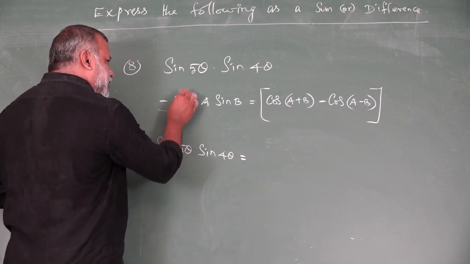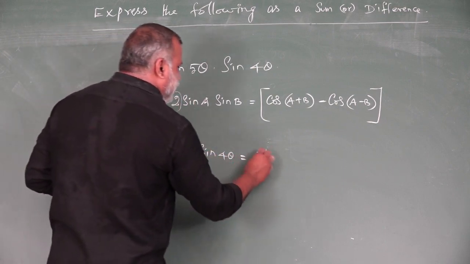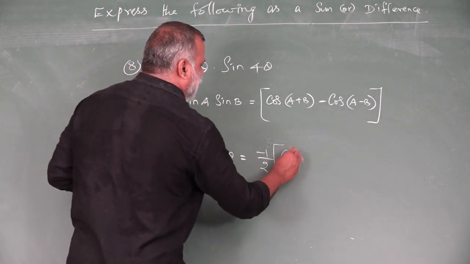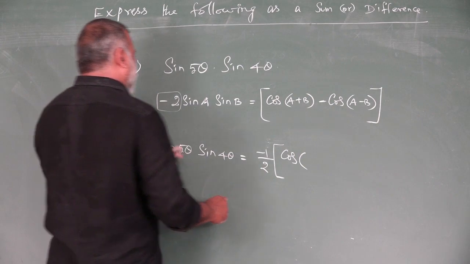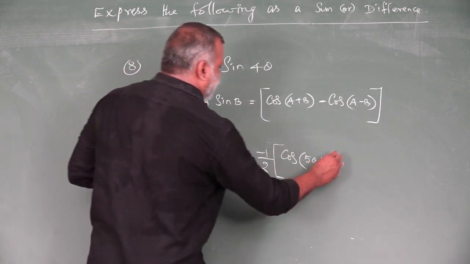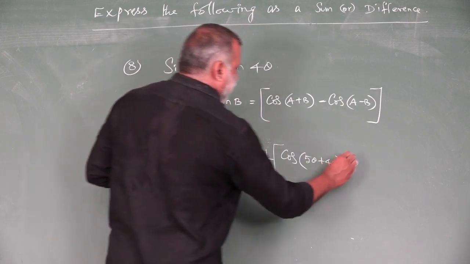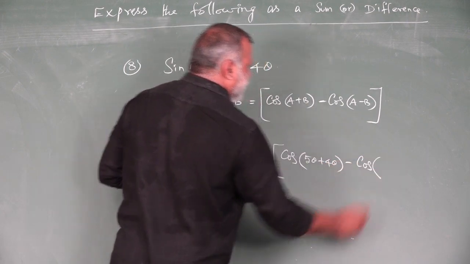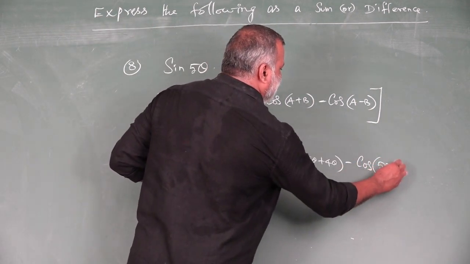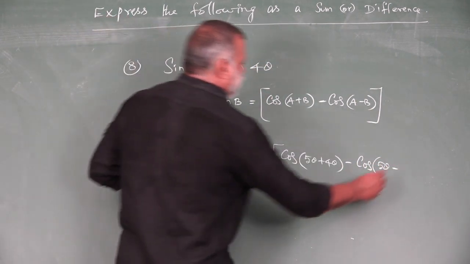Here this negative 1 by 2 will be here, minus 1 by 2. Now cos of A plus B, A means 5 theta, B means 4 theta. Then minus cos of A minus B, A means 5 theta, B means 4 theta.